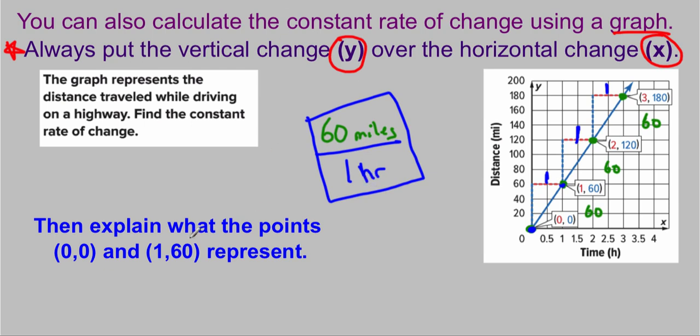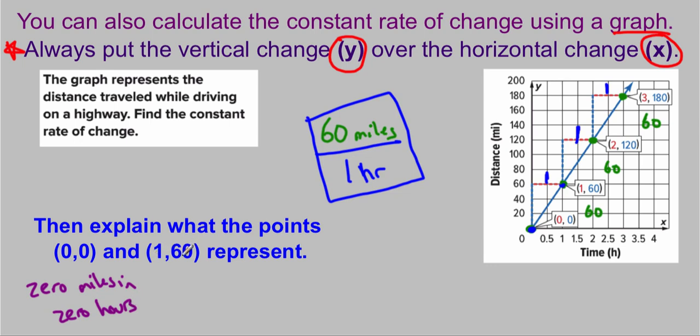Last part down here, we have to answer 2 questions. Explain what the point 0, 0 means. Well, think about the actual data: 0 hours, 0 miles. So this meant they went 0 miles in 0 hours. It takes those coordinates and puts some real information tied to it. What is it actually talking about in real terms?